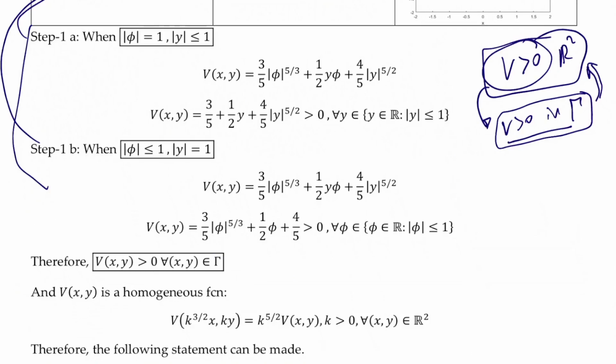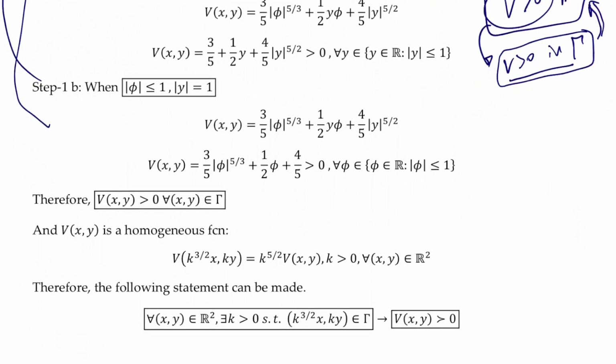You might be asking why that is important. We are trying to prove the positivity on the whole R2, and I will come back to that. Here is the reason. V is a homogeneous function. You should kind of know that. If you are trying to learn more about sliding mode control and that type of control strategy, homogeneous functions are one of the things that really matter in this field.